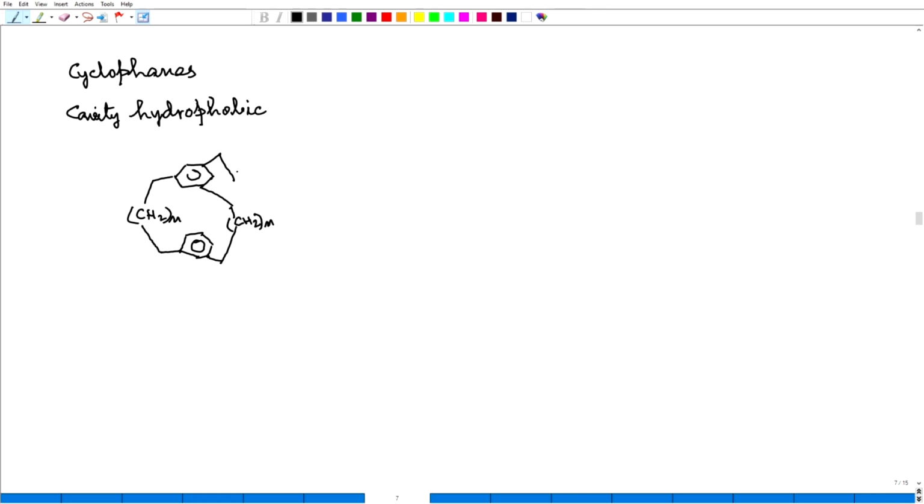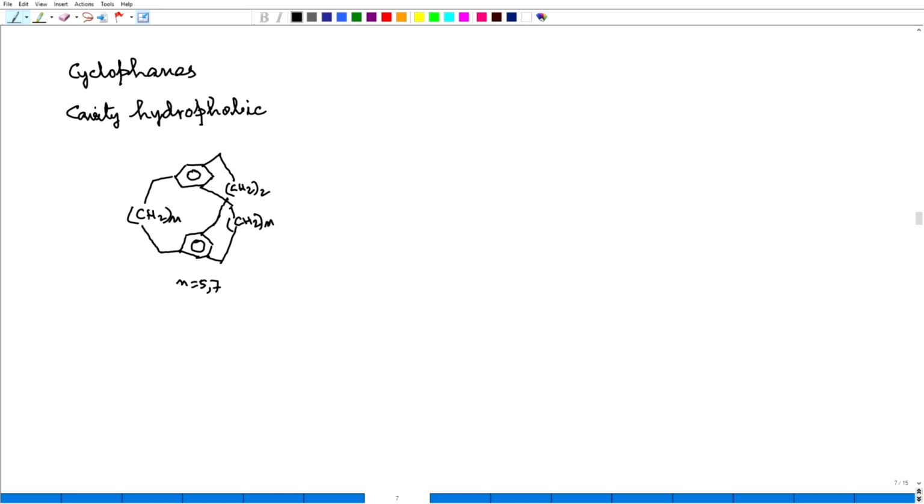The one that I have drawn is not that rigid, as you can understand, because there is this aliphatic chain. If the (CH2)n is very large, then it may not be as rigid as we desire. Here n is 5 and 7, they are known, and it is a typical cyclophane.